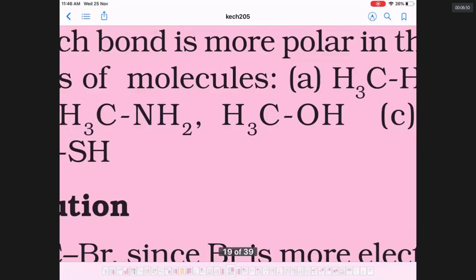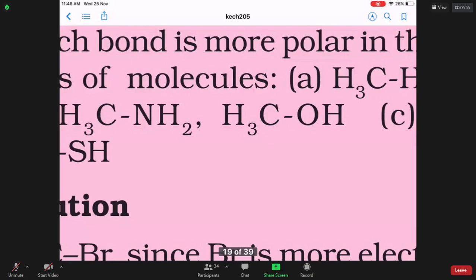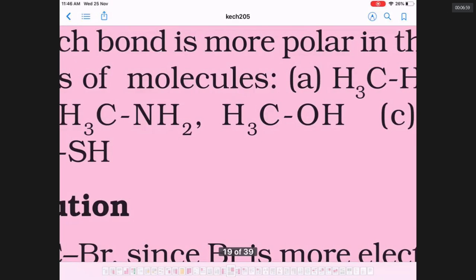If hydrogen is 2.1, nitrogen electronegativity is 3. Oxygen electronegativity is 3.5. Fluorine electronegativity is 4. So which bond will be more polar? CN bond, CO bond, CF bond. Which is more polar? CF, sir. CF is more polar.